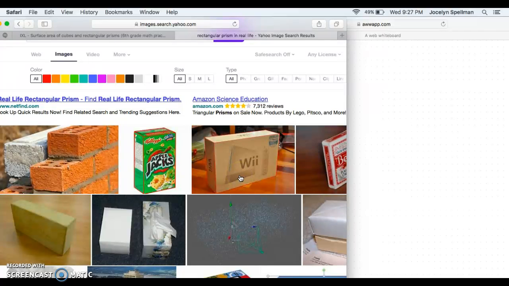So actually, for rectangular prisms, you have 3 sets of identical sides. So if you're looking at this Wii box, we have this front side here where it says Wii. This size is the exact same on the opposite side. So there is another side that is this exact same size. So we have 2 sides that have this area.